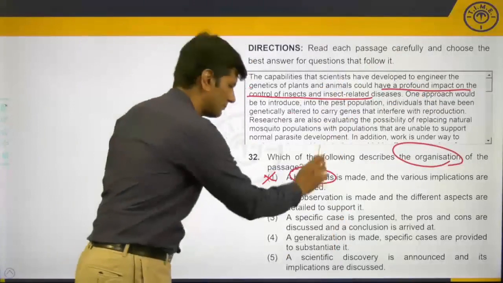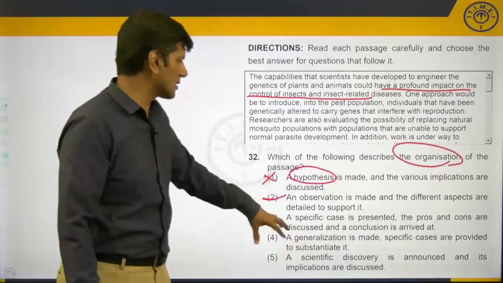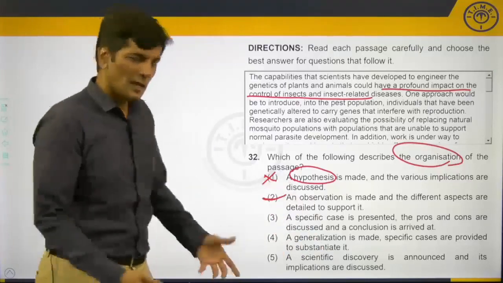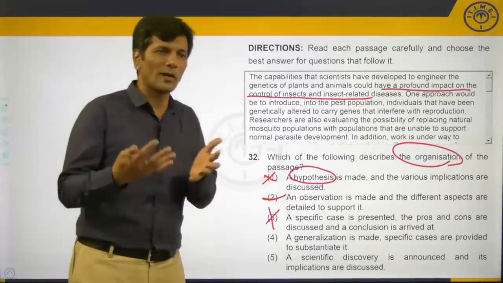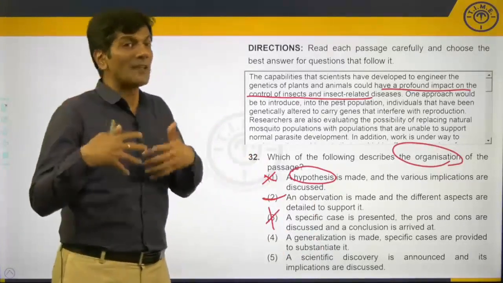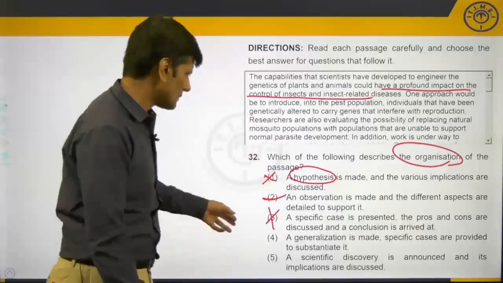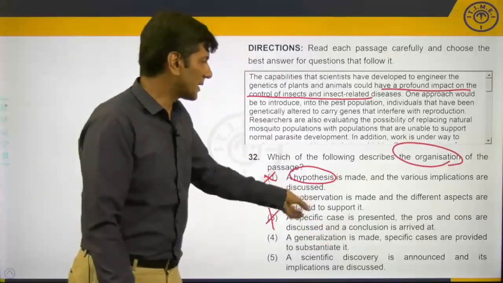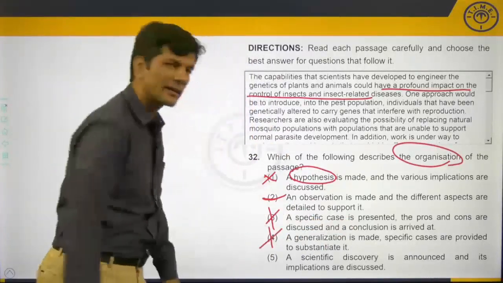So 2 is totally fine. Choice 3. A specific case is presented, the pros and cons are discussed and a conclusion is arrived at. This is also incorrect. Nowhere does the author give you only one specific case. Nowhere does he evaluate it from the perspective of pluses and minuses. A generalization is made. Specific cases are provided to substantiate it. Again, this is also logically incorrect.